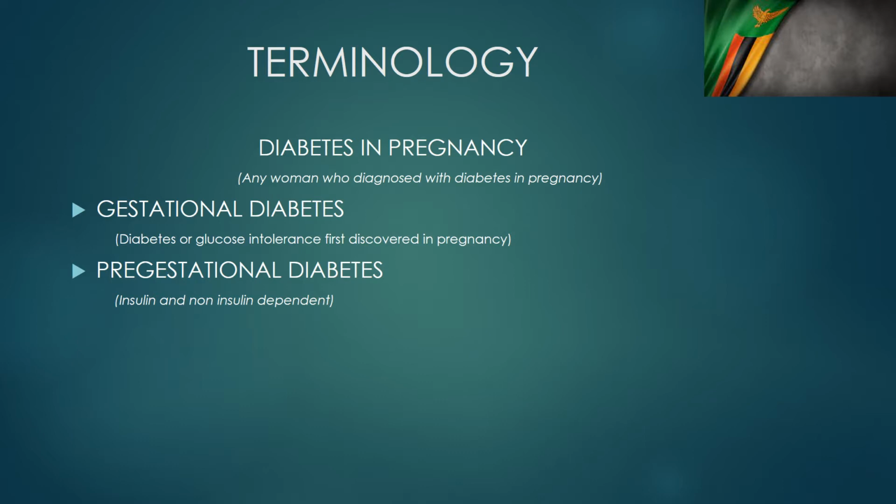Even diabetes in pregnancy itself has several meanings depending on what literature you're using. But for the purposes of this discussion, and maybe we'll deal with this confusion in another video, we'll call diabetes in pregnancy any woman who has diabetes and is pregnant.